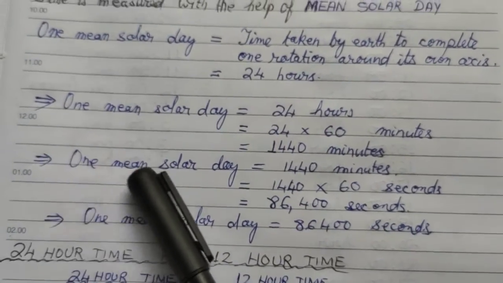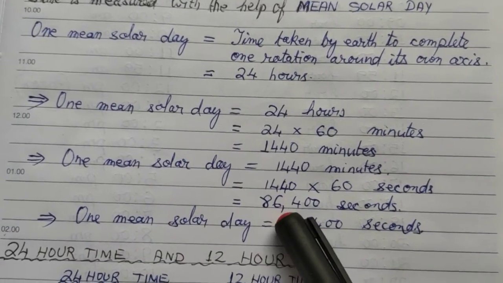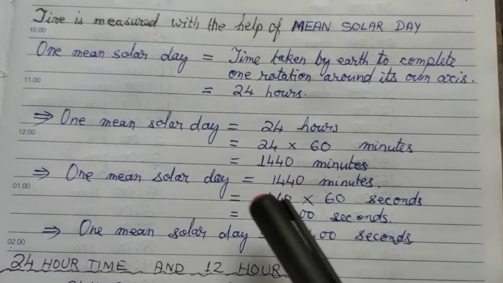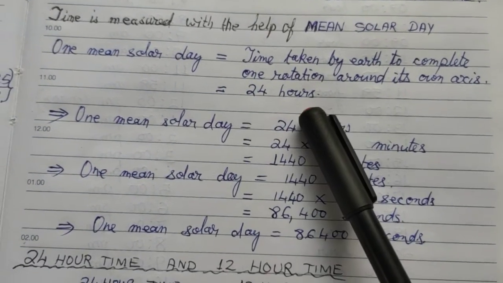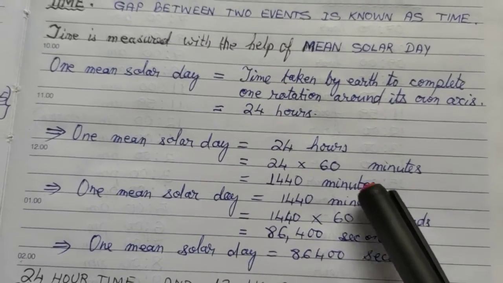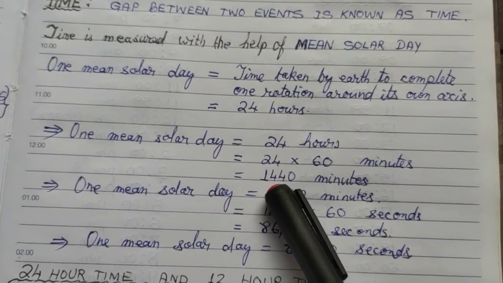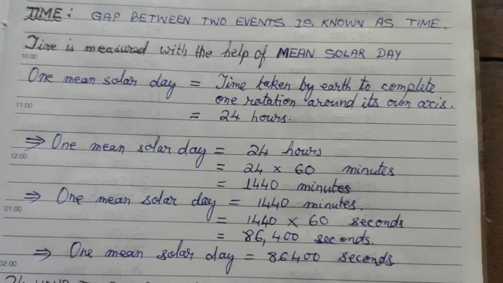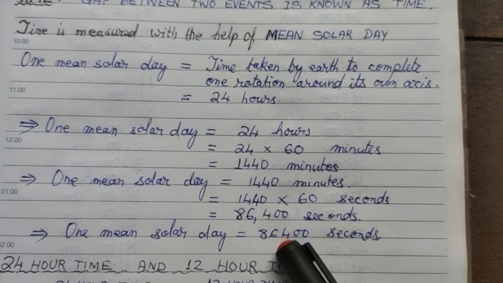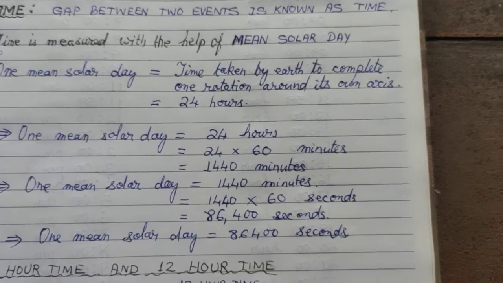So one mean solar day has 86,400 seconds. So one mean solar day, if you calculate in hours, it has 24 hours. If you calculate in minutes, you have 1440 minutes. If you calculate in seconds, then you have 86,400 seconds.